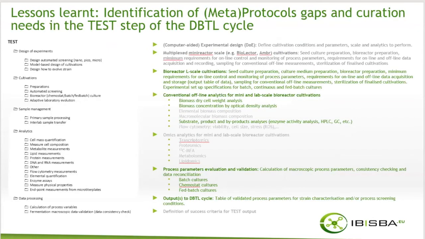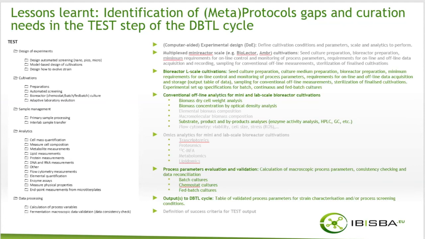Okay, so as a result of this, we did a lot of work in the framework of this IBISBA 1.0 project to write up de novo guidelines for, for example, how you run bioreactor cultivations. Of course, these are not specific to one type or brand of bioreactor, but should be agnostic. It's a sort of tick list of things you need, actions to take into account, and which parameters you should monitor when you run a bioreactor scale fermentation.